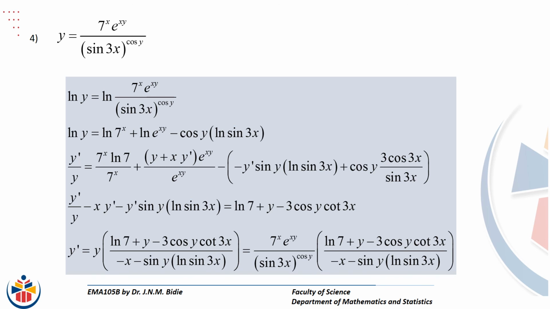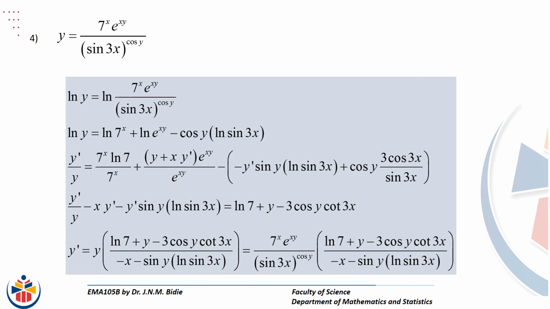And then find the derivative of each term. So ln gives us 1 over the argument. So we're supposed to have 1 over 7 to the power x multiplied by the derivative of 7 to the power x. Please refer to the tables. And then we'll get 7 to the power x ln 7.